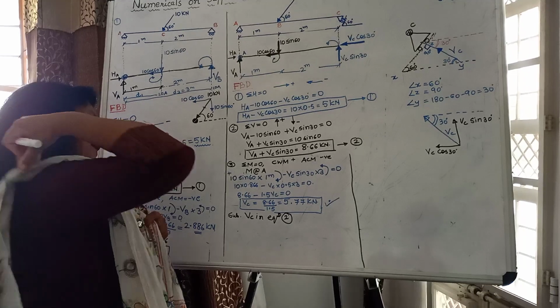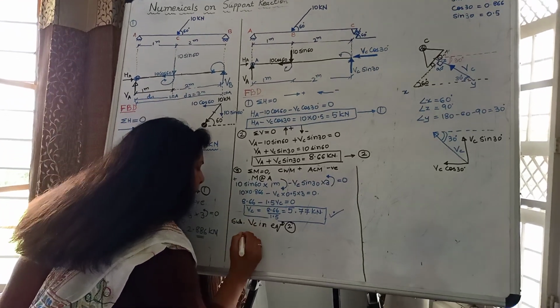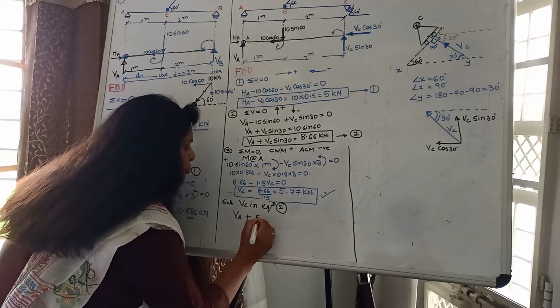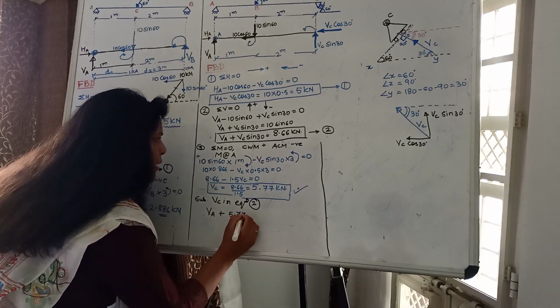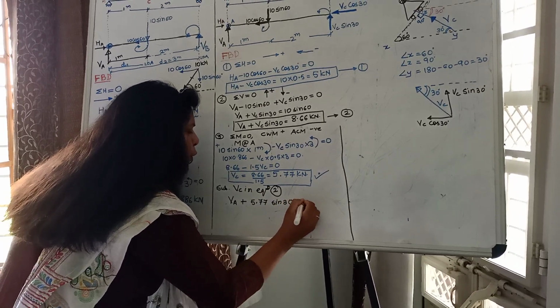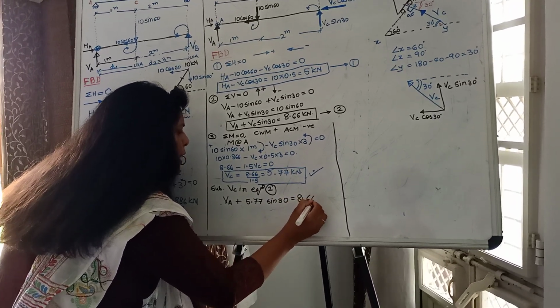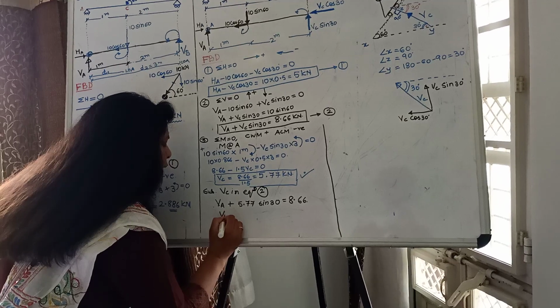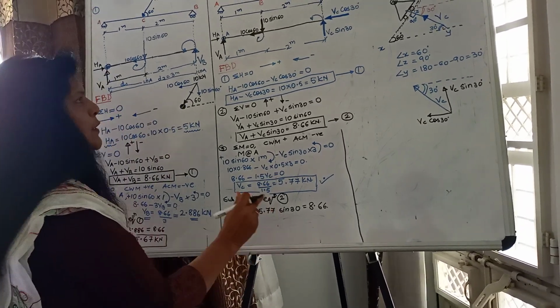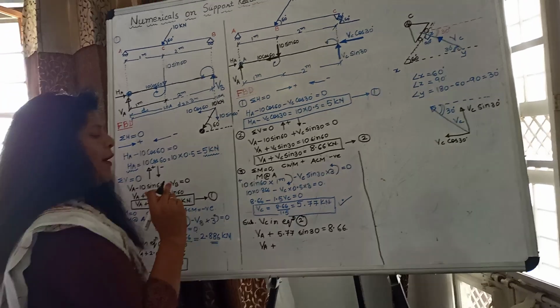So we get VA plus 5.77 sin 30 is equal to 8.66. Sin 30 is 0.5.